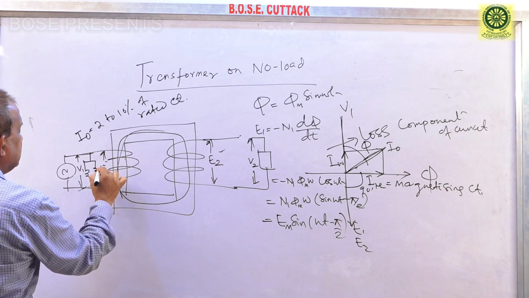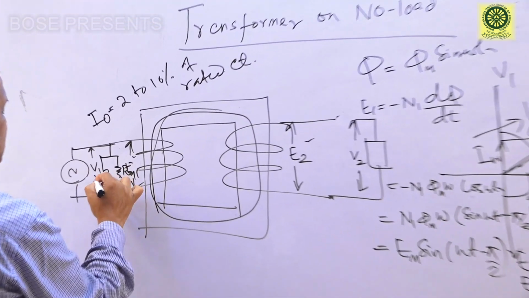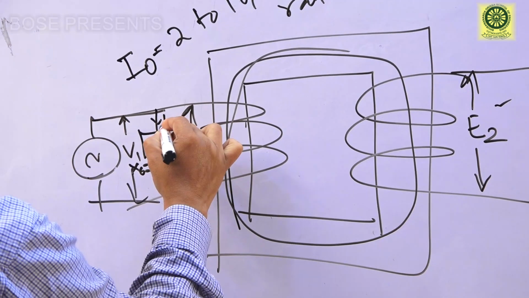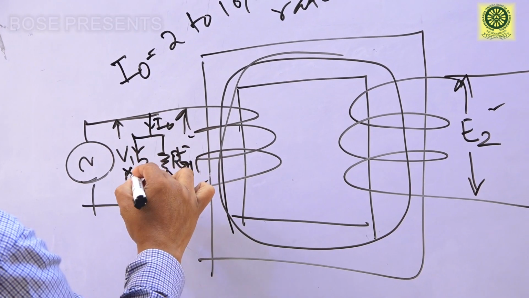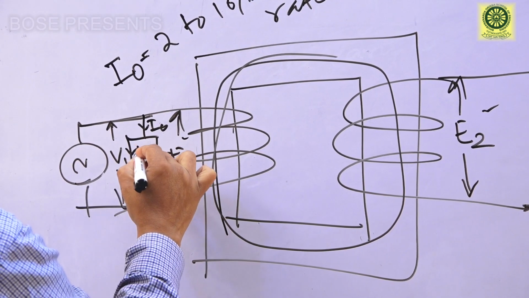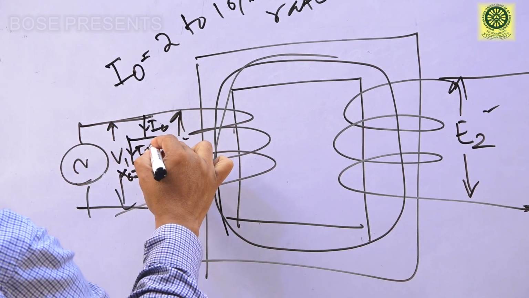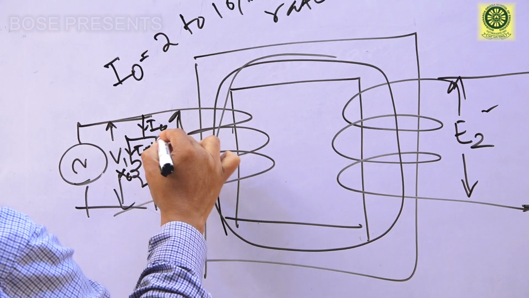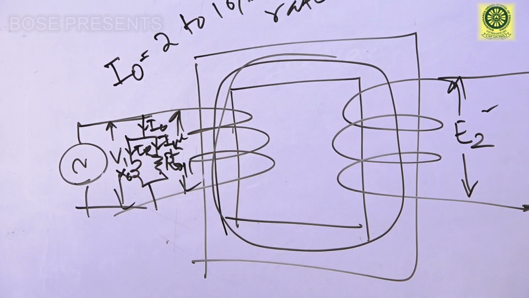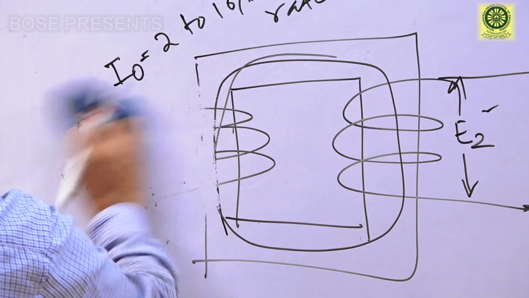Here this is R0 and this is X0 and this is I0. Through the X0 there is I mu, and through this R0 there is the IW component. To make it much clearer, I am redrawing this.